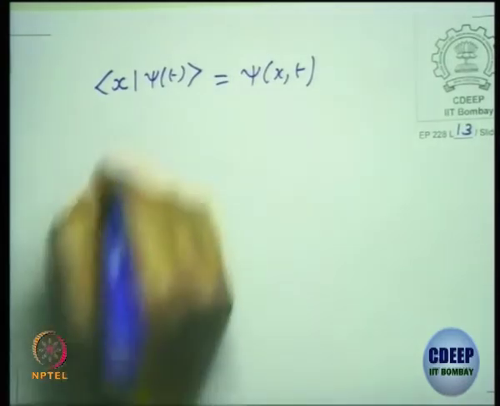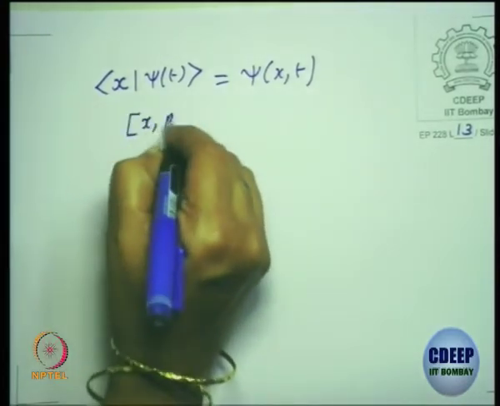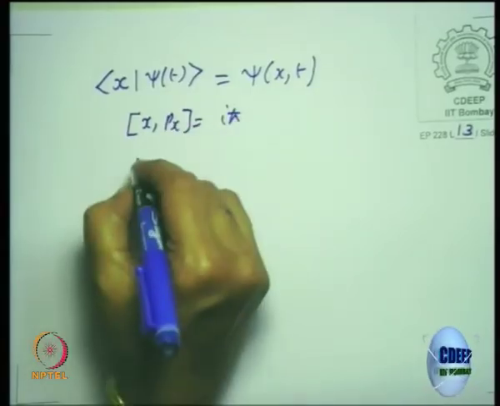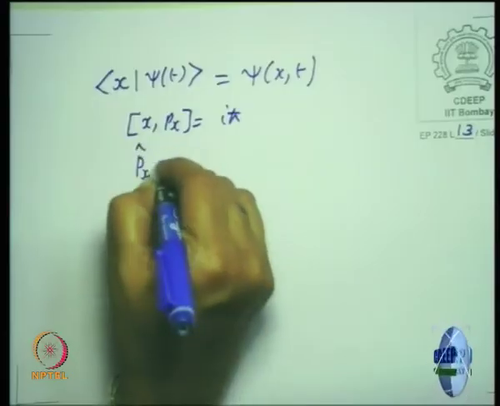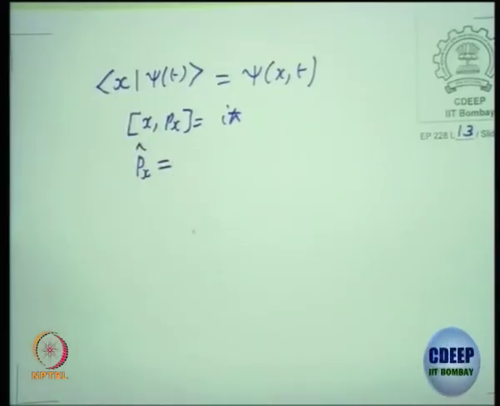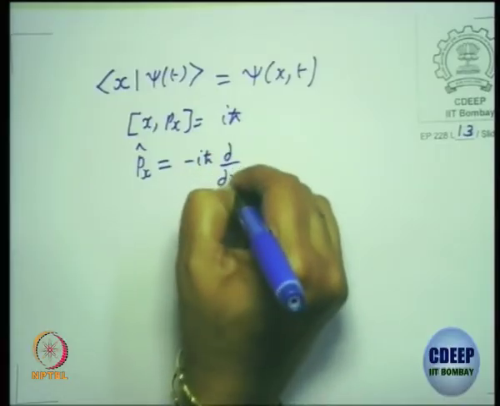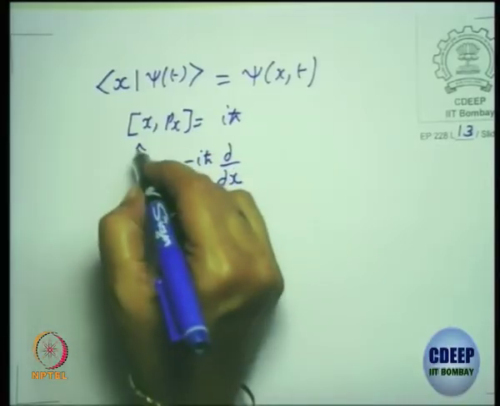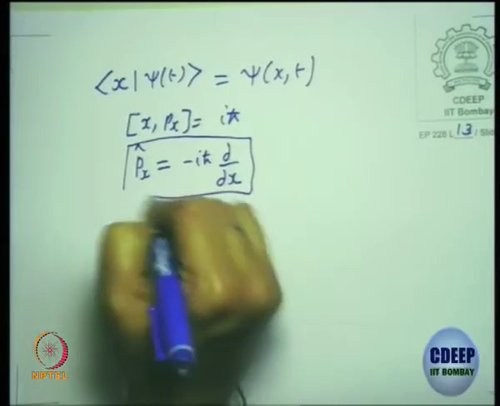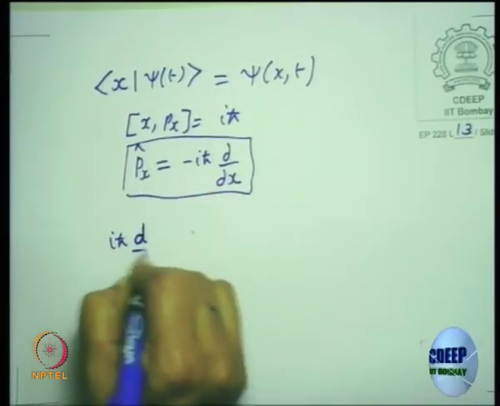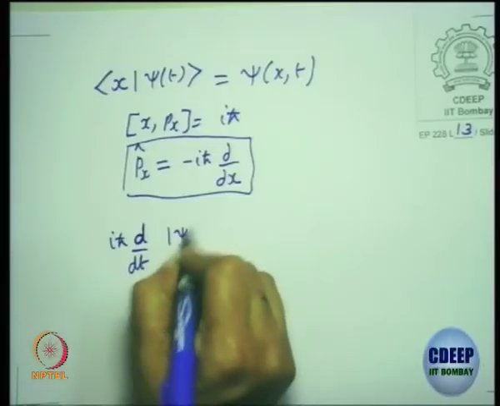And we also tried to use the commutator of x with p_x equal to i h cross to determine the representation for the p_x operator in position space as minus i h cross del by del x. And after we did this, now we could write i h cross d by dt of psi of t.